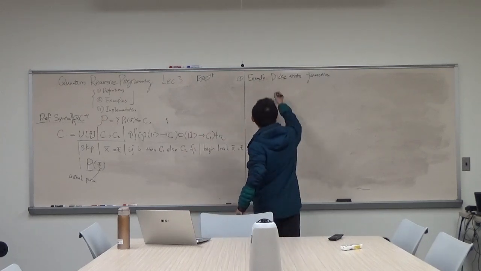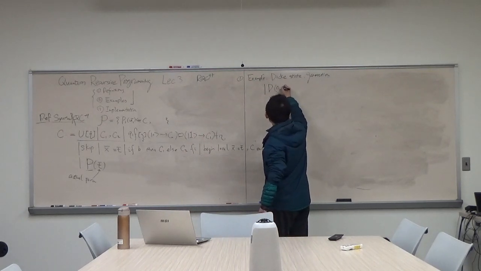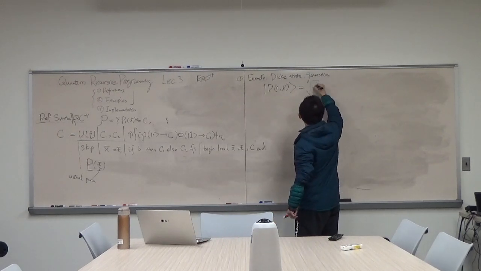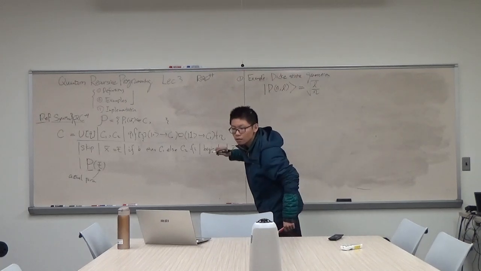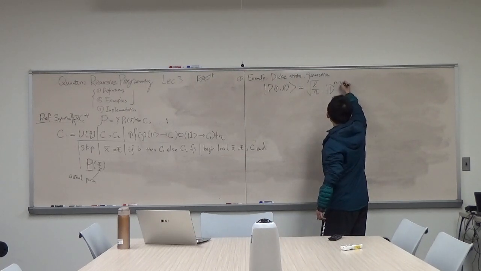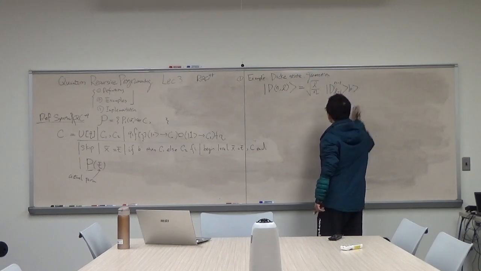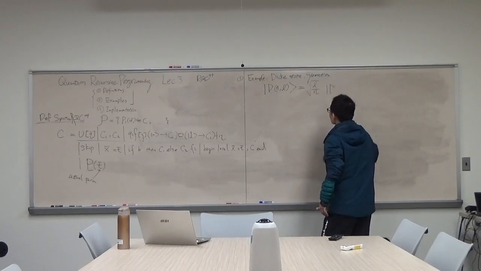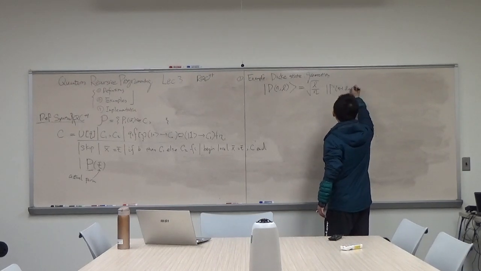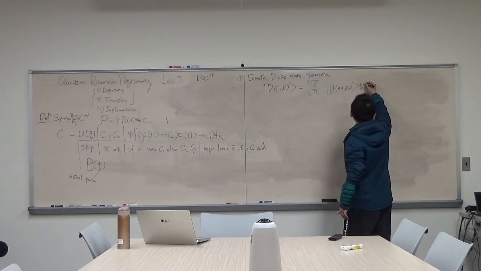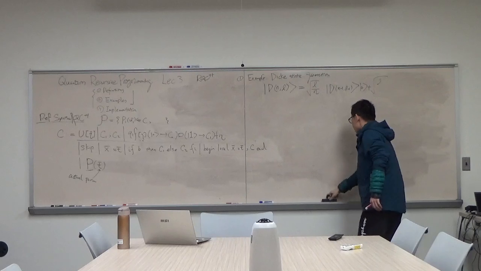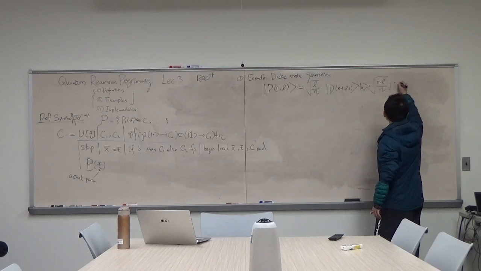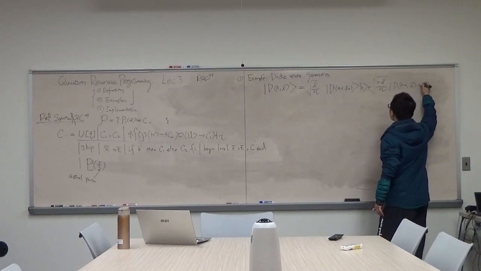It is defined like this. D_n^L is defined as... sorry, I should not write it this way, I should write it this way: the square root of (n minus L) over n times D_{n-1}^{L} tensor 0, plus the square root of L over n times D_{n-1}^{L-1} tensor 1.